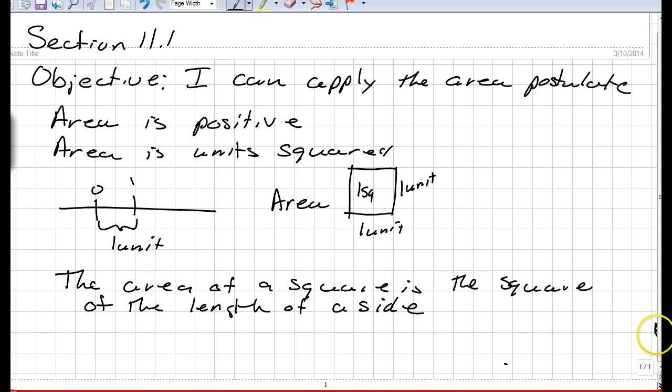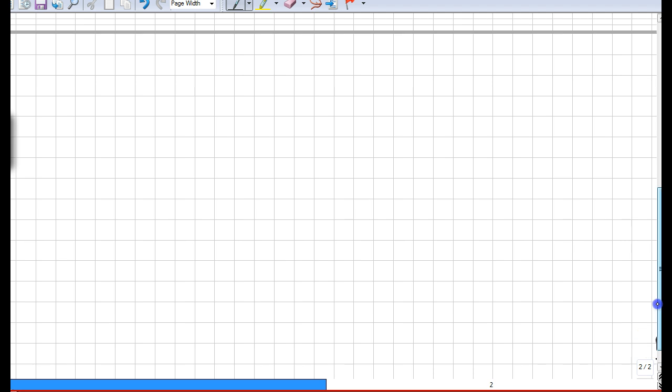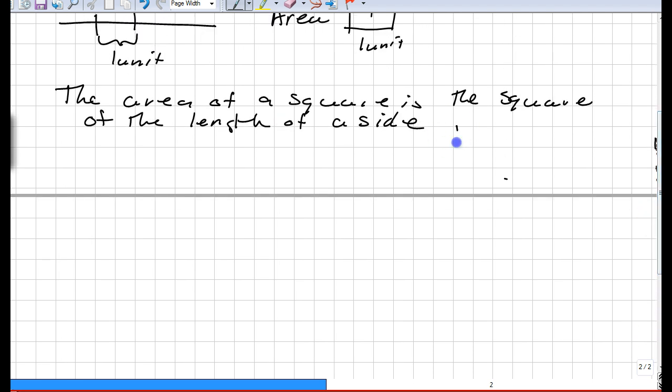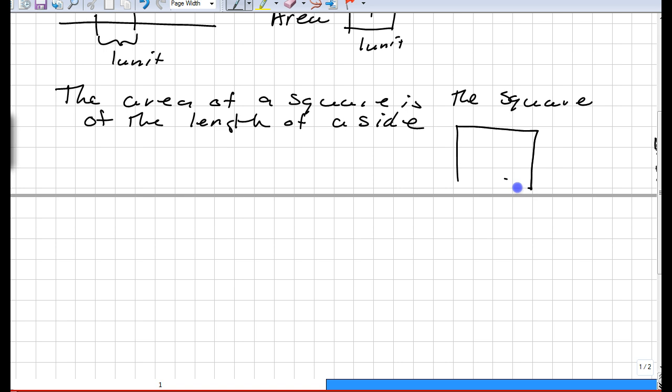So remember, because squares have all sides the same length, so if this is S and this is S, then the area is S squared. Okay, so area equals side squared. Okay, if we're talking about a square.